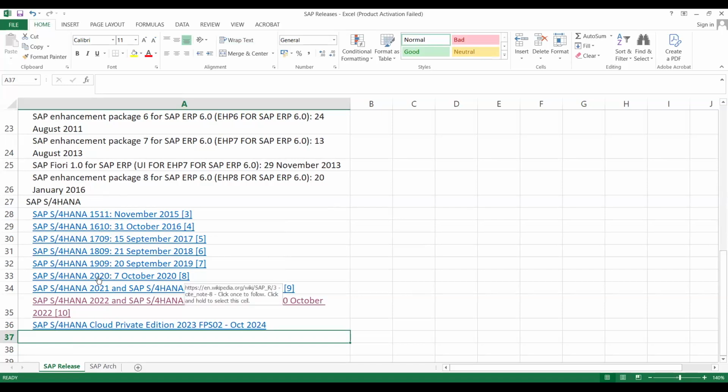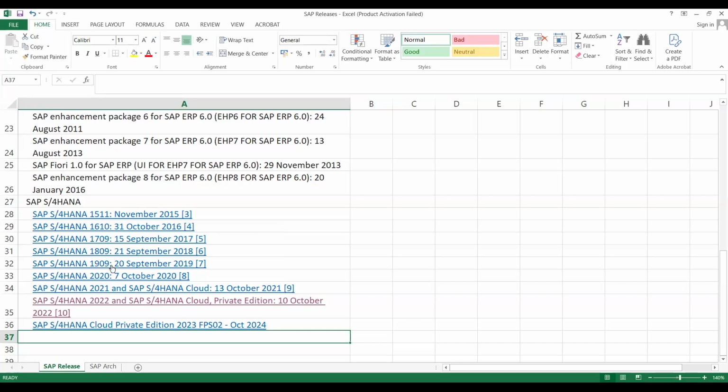But since 2020, whatever they are developing gets released with the year. Earlier the naming convention for S/4HANA releases was year and month, YYMM. The year was the first 2 characters and the next 2 were the month.